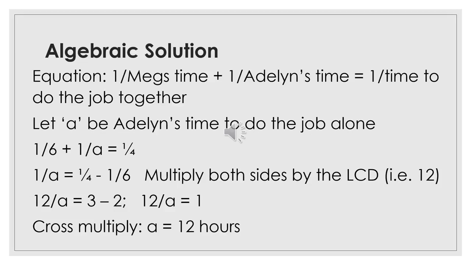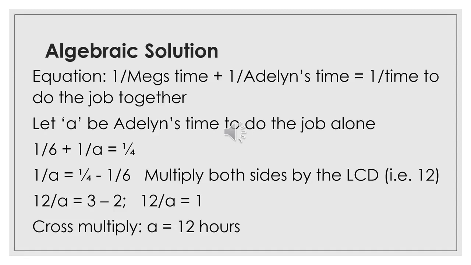Now we can let A be the time that Adeline can do the job working alone. So we can now substitute the values in our equation. That should be 1 over 6 plus 1 over A, all equal to 1 over 4.